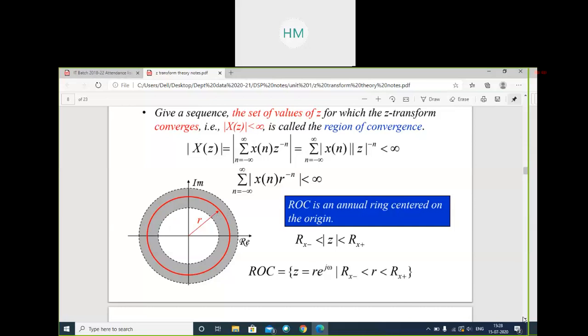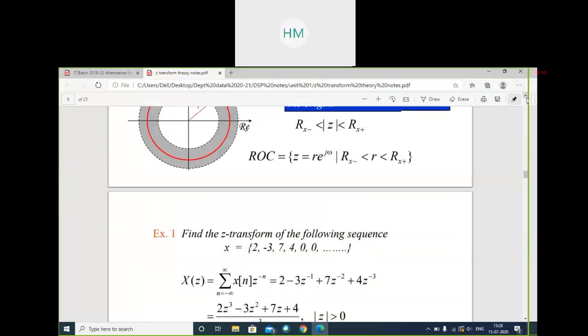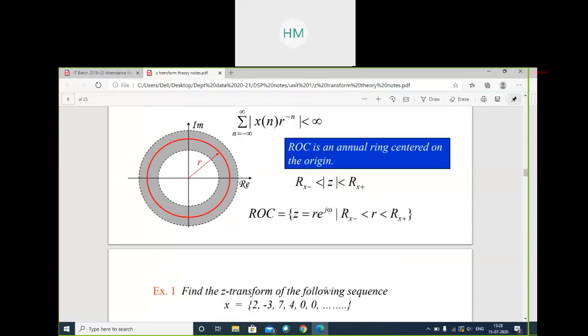We'll simplify numericals also. Now students, again finding the Z transform of the following sequence. Can you find the Z transform of a sequence? Write down this numerical in your copy.